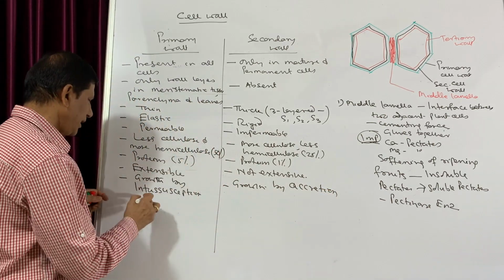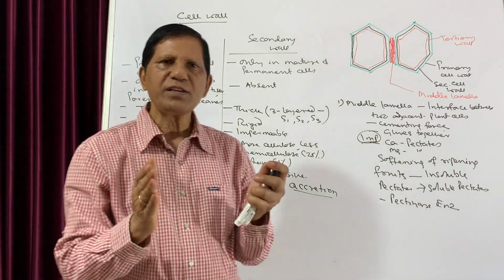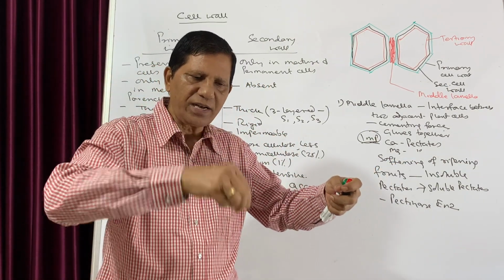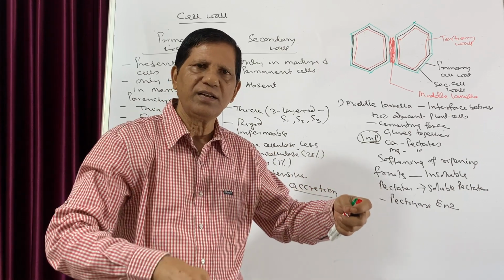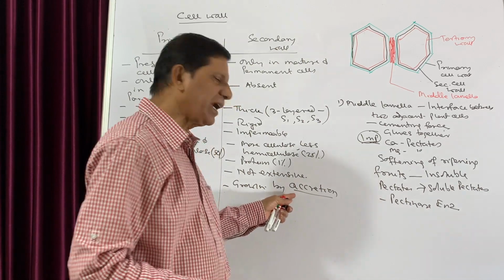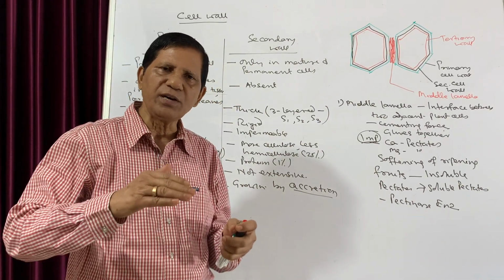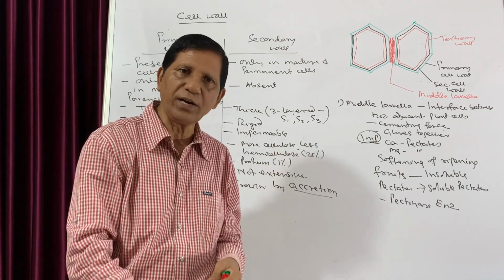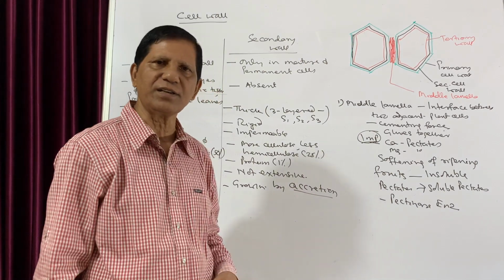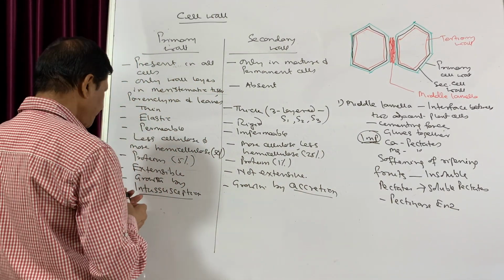So what is this intussusception and what is this accretion? Usually the primary cell wall is extensible. So when it extends, new materials are inserted within it. That is intussusception. But this secondary wall is rigid, it is not extensible. That is why only new materials are added on it. So that is why the thickness increases. That is known as accretion. These are some of the major differences.